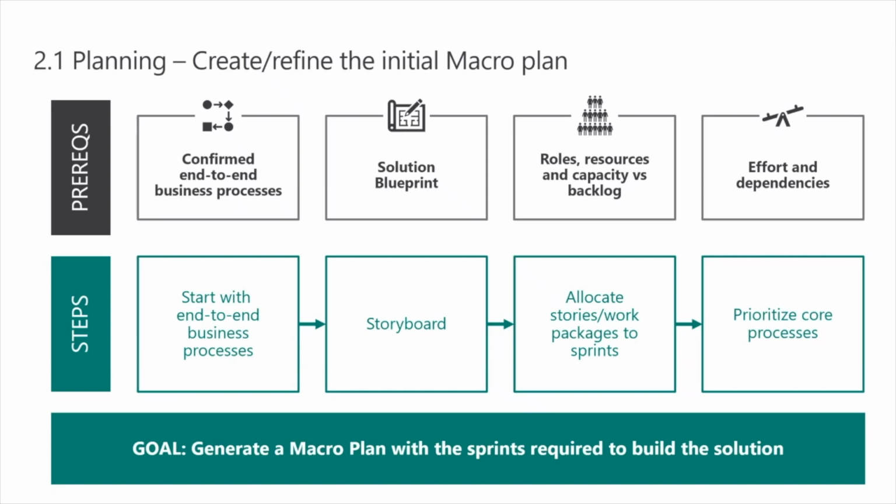And that storyboard essentially defines a logical sequence of business process delivery. And then you take that storyboard and you chop it up into work packages. And these work packages essentially say, I'm going to be delivering these processes or sub-processes first, then these, and within these sub-processes, it includes some work from maybe 2 or 3 work streams.